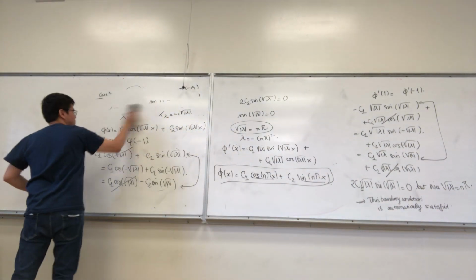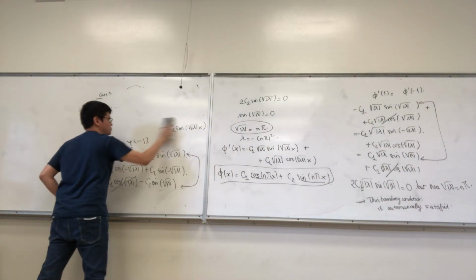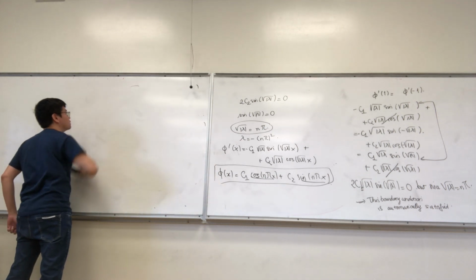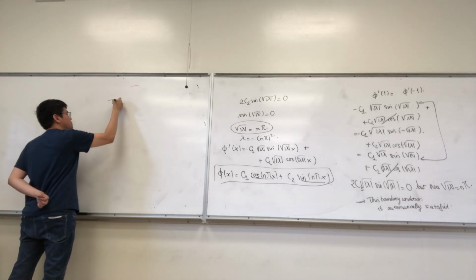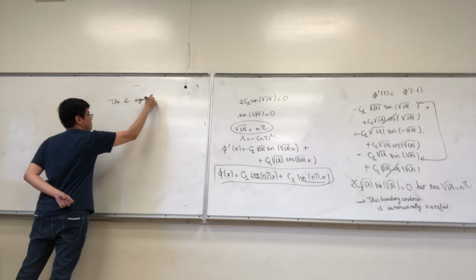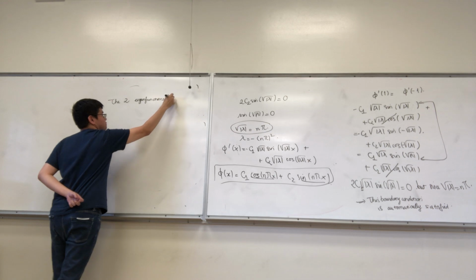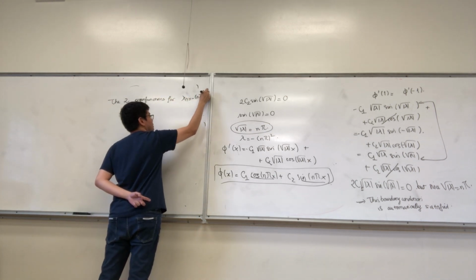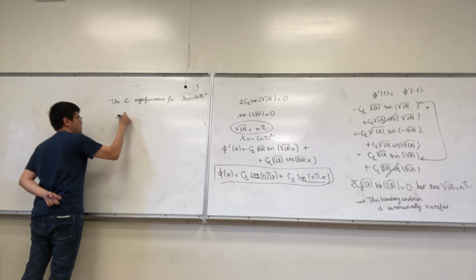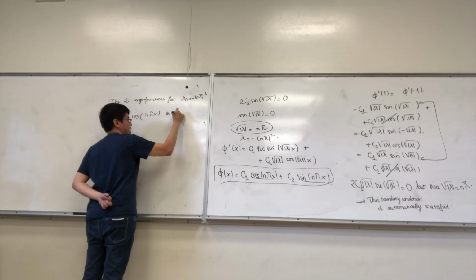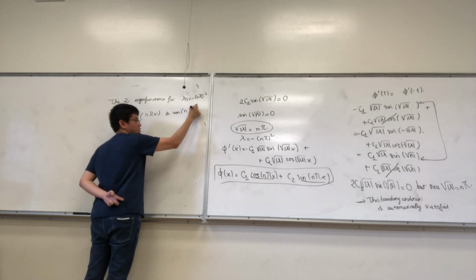We don't care about the constant, so we choose the two eigenfunctions for lambda n equals n pi squared: cosine n pi x and sine of n pi x. We don't care about a constant.